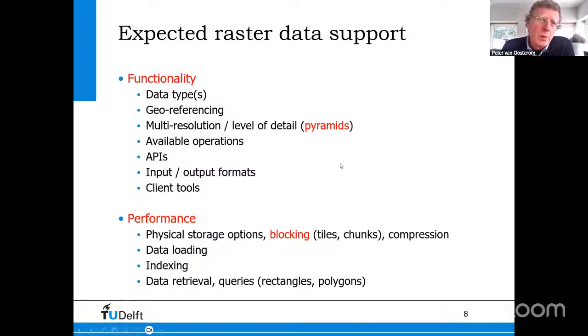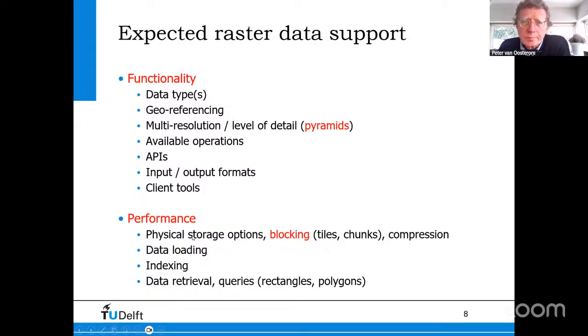We would like to have operations, say update operations or image processing operations or other types of operations, and APIs to develop applications against the database. And you would like to be able to input and output the raster data. So that's the functionality side.